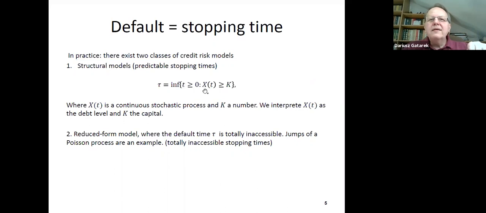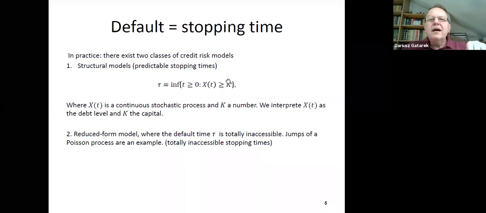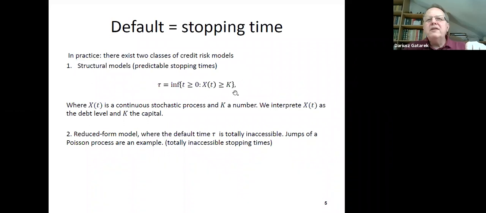And the company defaults when the assets fall below the level of debt, for instance, or some other criteria. Such stopping times are, of course, predictable because we may predict the moment of default.